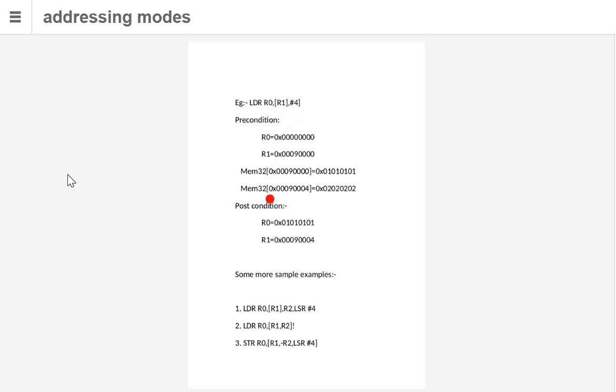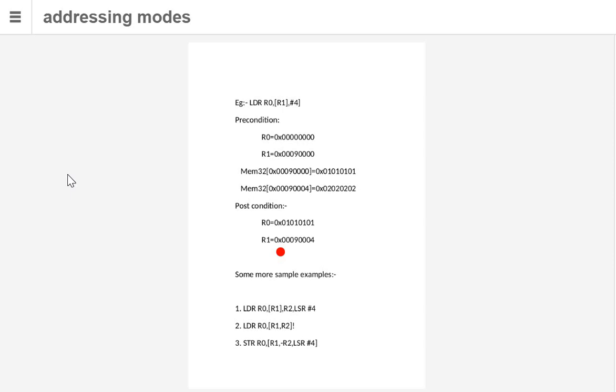See here, my R0 gets the value 010101. This value is stored where? At the initial address. So I'll take that value and store it into R0. After that, I modify the value of R1. So the difference between pre-indexing and post-indexing is that in pre-indexing, we will always modify the base register and then pick up the value.